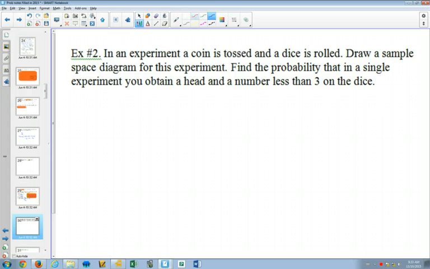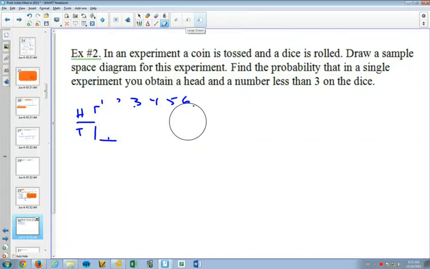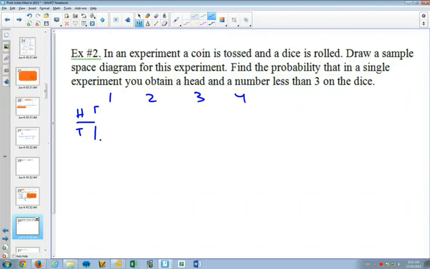So a couple of ways that we can draw a sample space diagram. We can make a chart like we did the last one. We can go heads and tails this way, and 1, 2, 3, 4, 5, 6. I don't think that's enough space. Spread that out a little bit. 1, 2, 3.